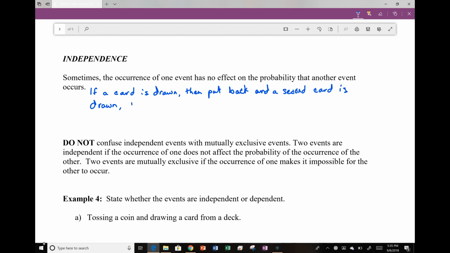So the outcome of the first does not affect the outcome of the second draw.